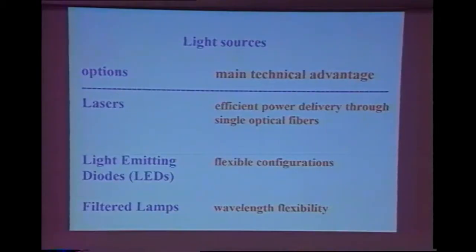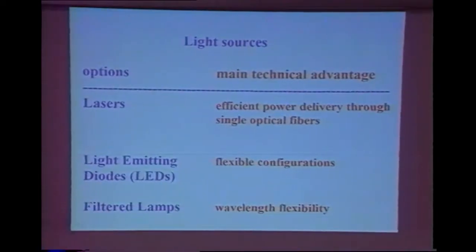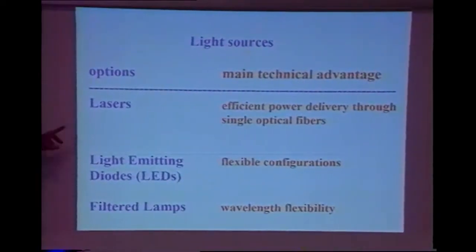So there are several choices. You can use lasers, LEDs, or filtered lamps. The main advantage of lasers is that you can couple them very efficiently into single optical fibers.